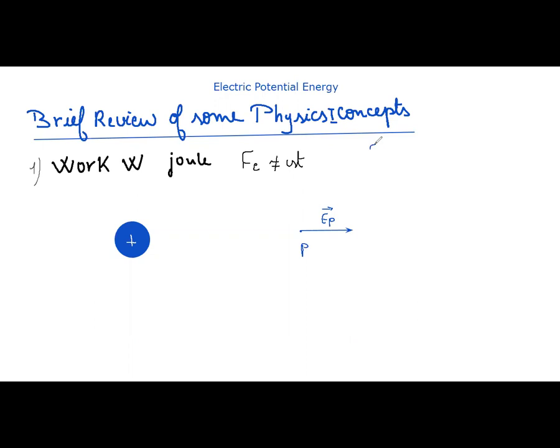The magnitude of EP equals K times Q, let's say capital Q, divided by the distance squared. Here we have capital Q, and here we have position 1. Let me say position 2. Here capital Q, and we have nothing at the position 2. Here at the position 2, we have E2.